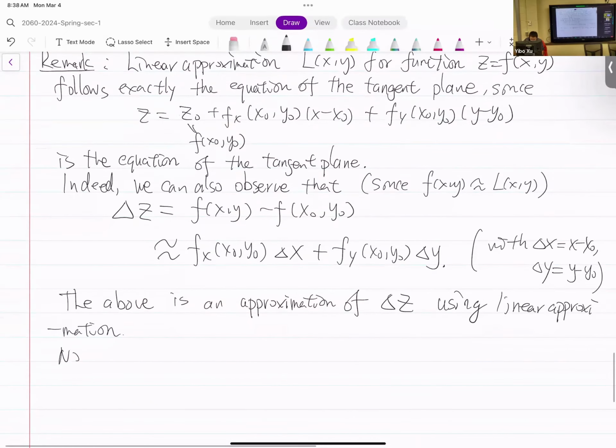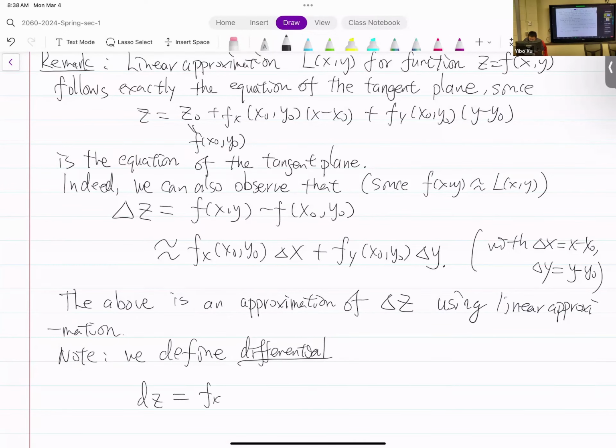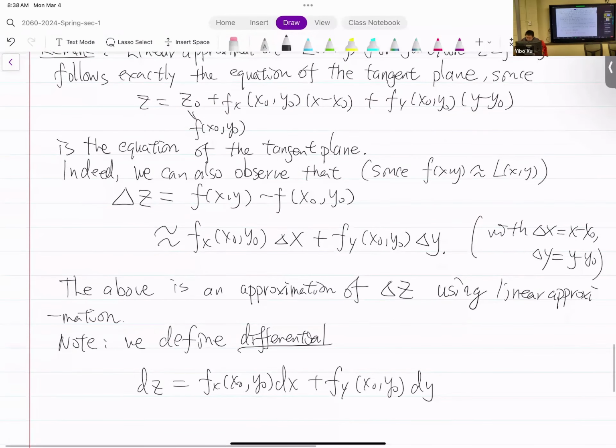So here, just note, we define the differential to be dz equals f sub x at the point times dx plus f sub y at the point times dy.